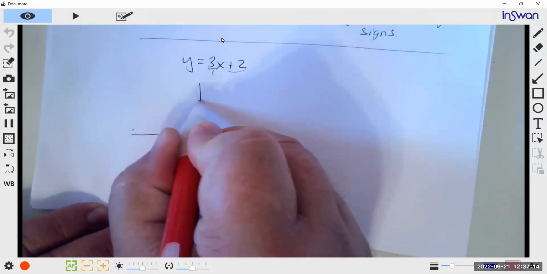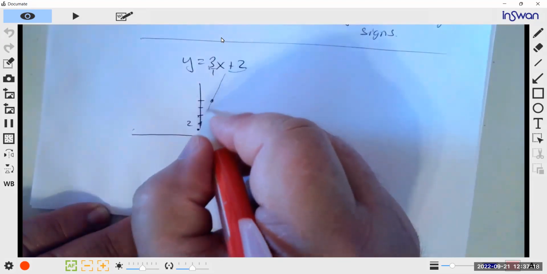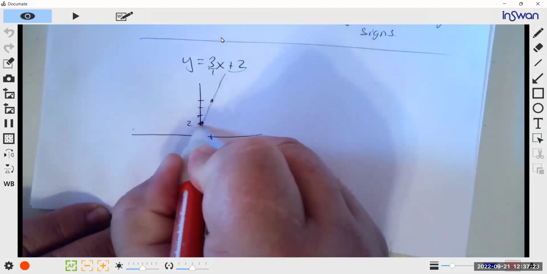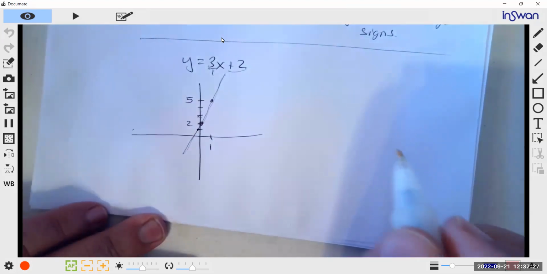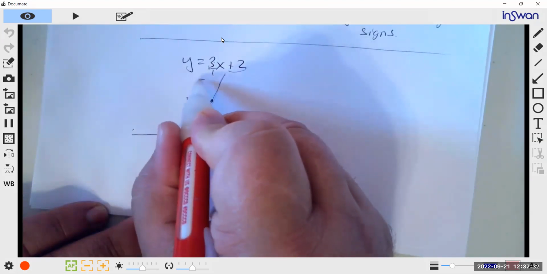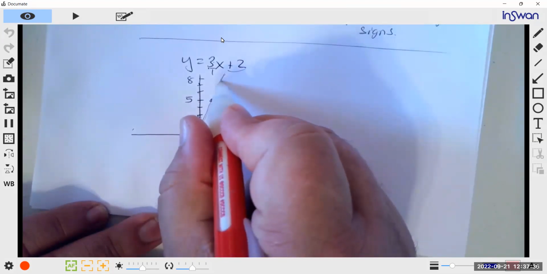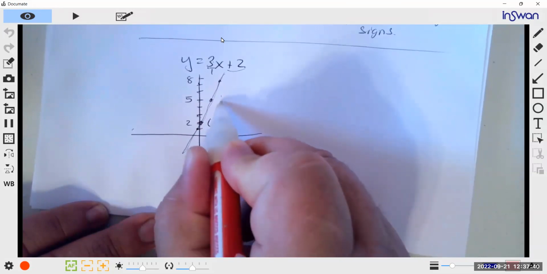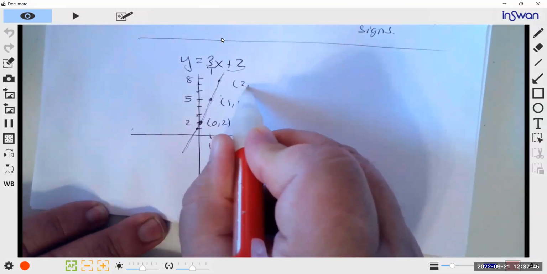So we have another dot there. So then again, slope, go up 3. So it goes from 0, 2 to 1, 5 to 2, 8.